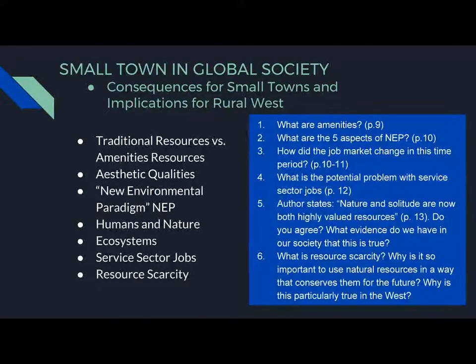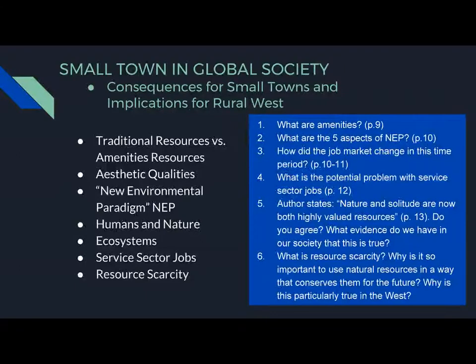In this chapter, the author talks about how we really start to shift to really valuing the environment and the natural world and the ecosystem, and seeing that humans are just one piece of that puzzle, and that for everything to sustain and to remain beautiful and healthy, both humans and the natural world have to get along and stay in balance. And that ties right into this, again, this shift where we're valuing the aesthetics or the natural, beautiful qualities of a place.